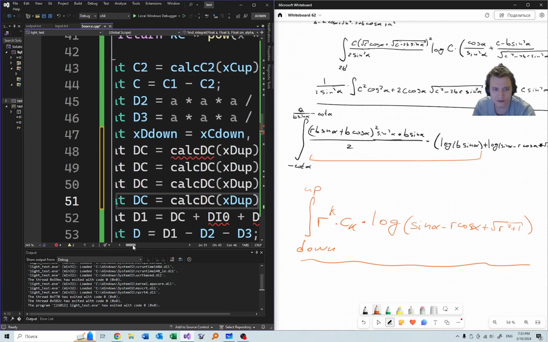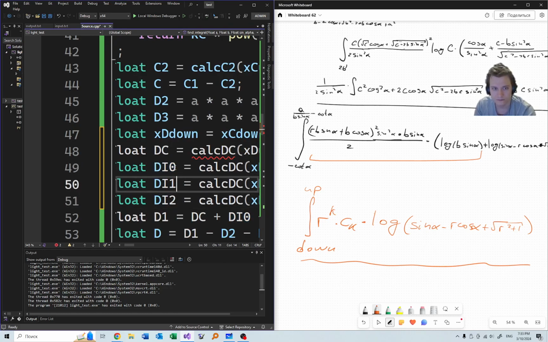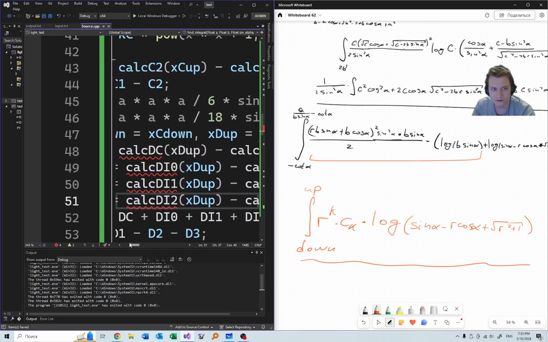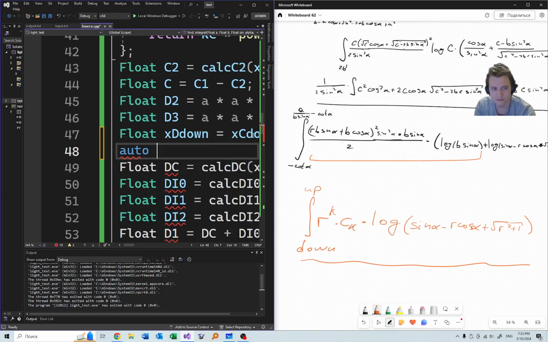And then we have these dI0, dI1, and dI2. And we need to write these four functions, but they should be easy.